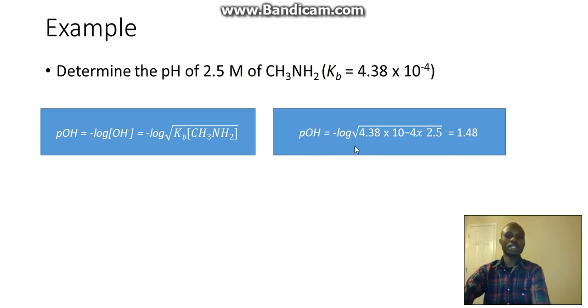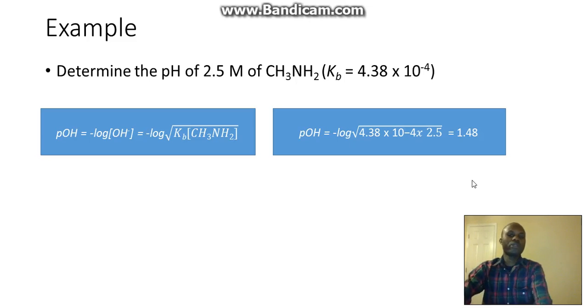So pOH is minus log of the square root of 4.38 times 10 to the power minus 4, that is Kb, times 2.5, that is the concentration, which is 1.48. So the pOH of this 2.5 molar ammonia-type base is 1.48.